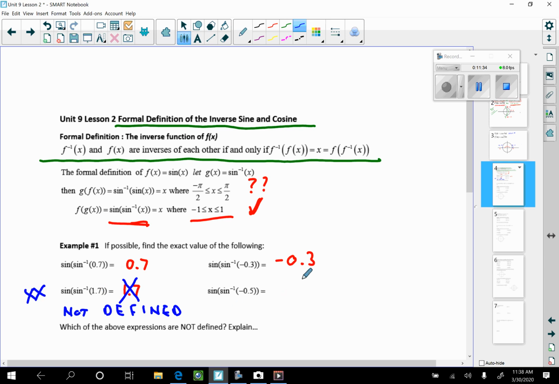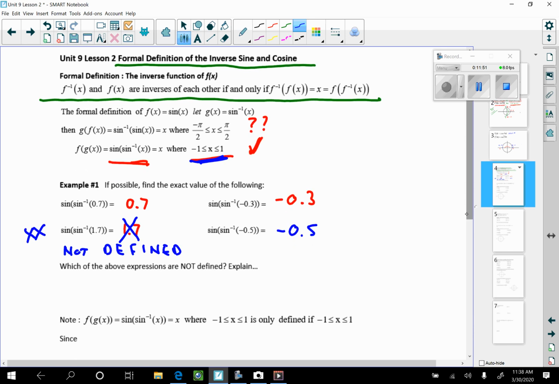So this one here, let's go here. All I need to check then is the sine of inverse sine of -0.5. Is -0.5 between -1 and 1? It is, so this is simply equal to -0.5. And what I want to do at this point is ask which of the following expressions are not defined.